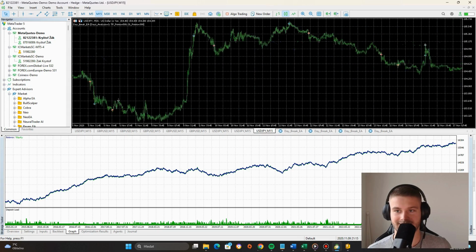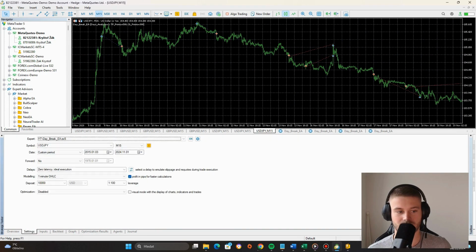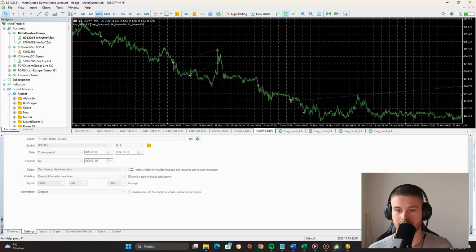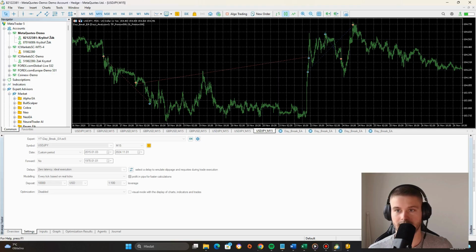This is really nice. So now the last thing to check is how this will perform with every tick based on the real ticks, because one thing is testing on 1 minute OHLC, which is fast, but let's test this.